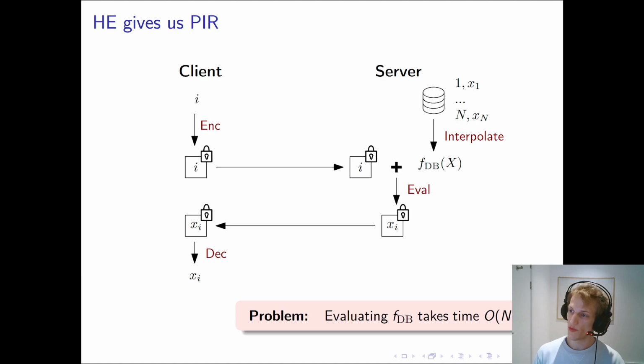This scheme has very low communication cost, because basically we just send the index i and the result x_i plus the overhead cost by the HE scheme. However, the computational cost is very high since f is very large. f has in some sense to accommodate the whole database, to encode the whole database.